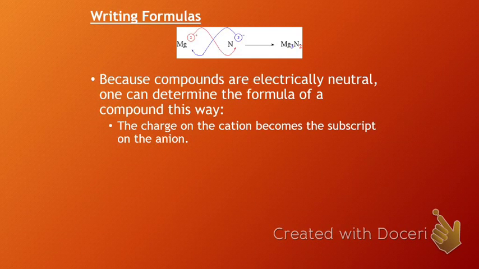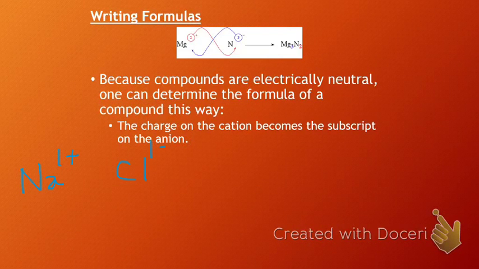Since these ionic compounds have to be electrically neutral, it's easy to determine the ionic formula for it, because we've already done that with sodium chloride. If we look at the example of sodium chloride, sodium has a plus 1 charge. Chloride has a 1 minus charge.